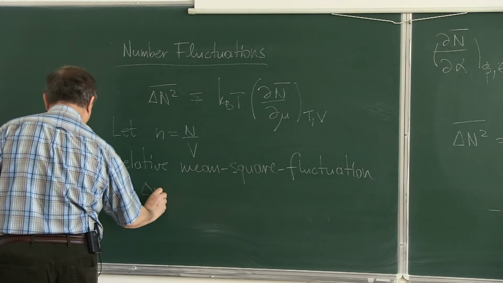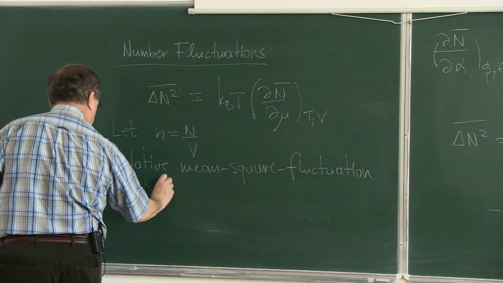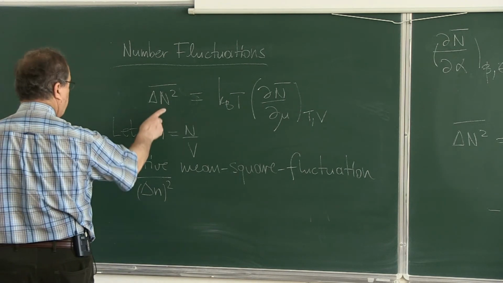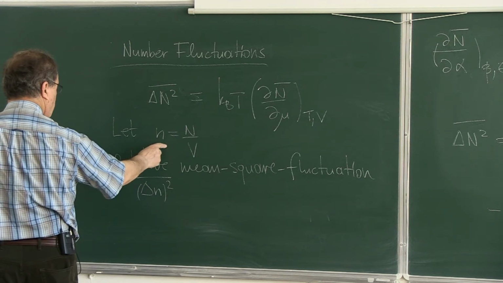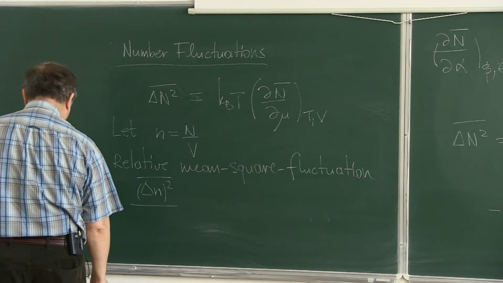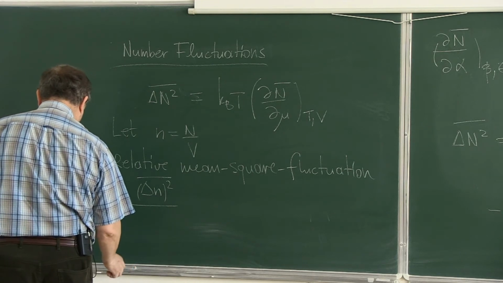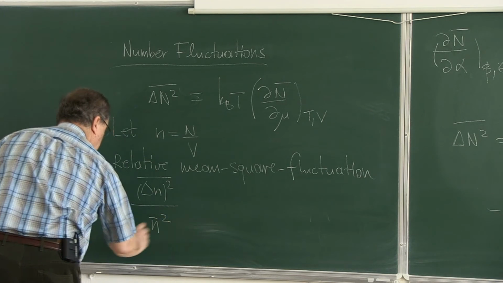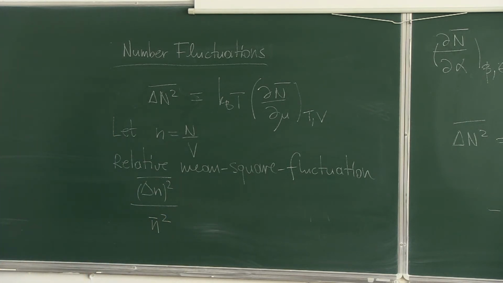That means delta n squared average, not the total, but the particles per unit volume, with n bar squared.